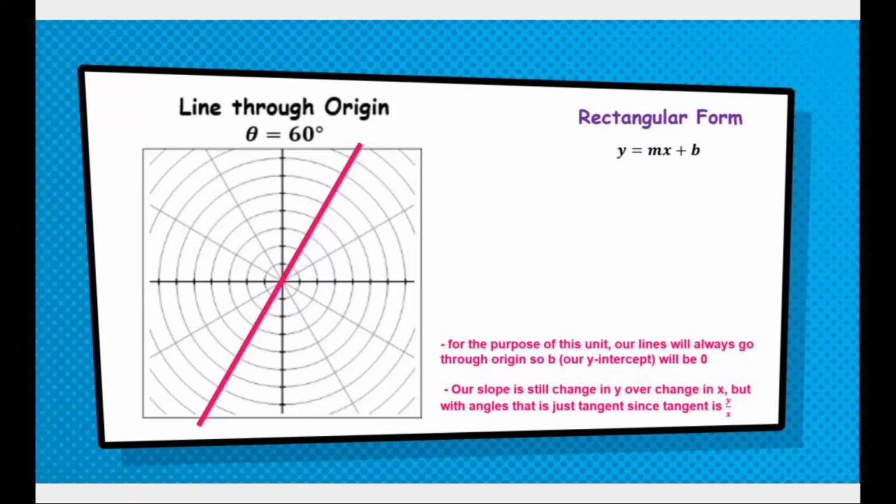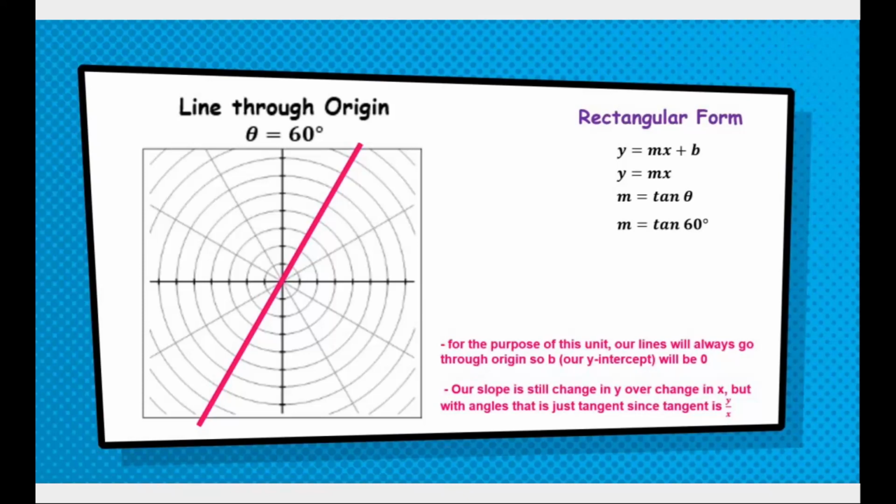Our slope is still our change in y over change in x, but with angles, we use the tangent. So tangent is y over x. So we can go ahead and write y equals mx. And then to find our slope, that's just the tangent of theta. Well, what is theta? Theta is 60 degrees.